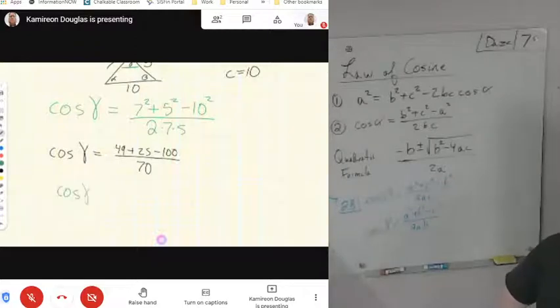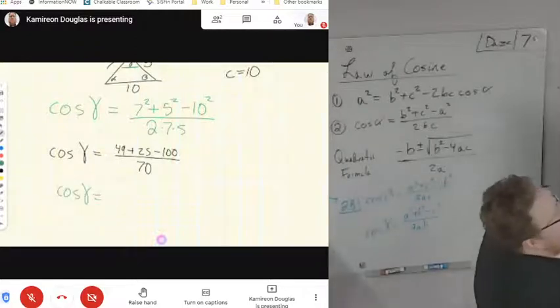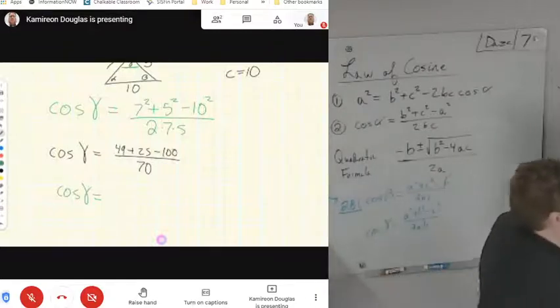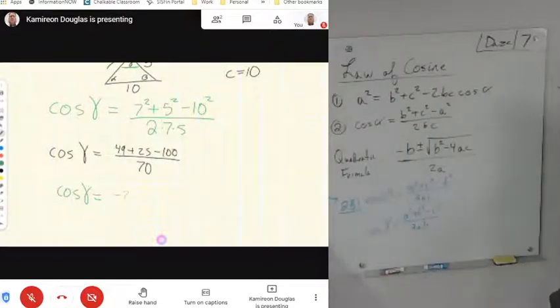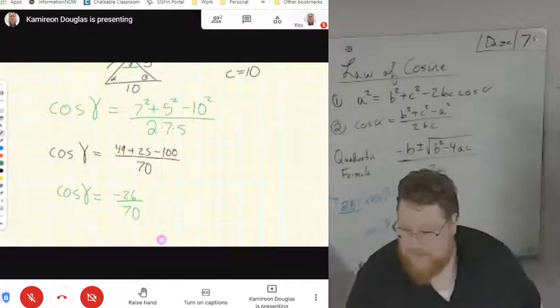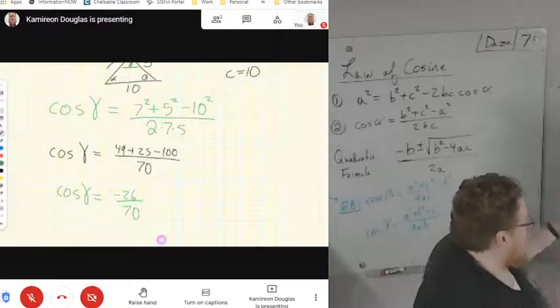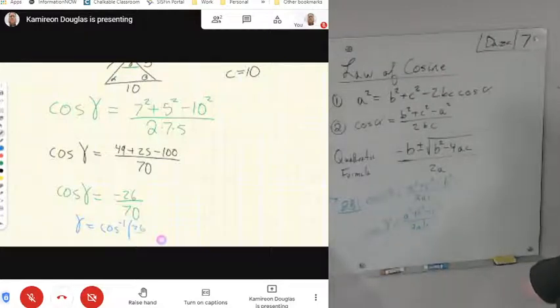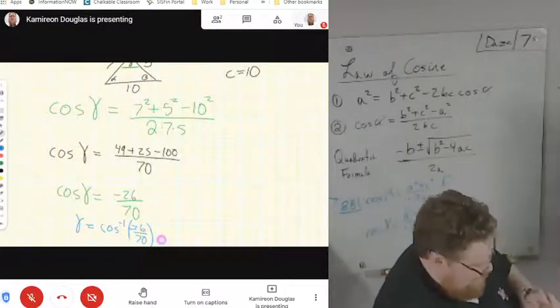Cosine of gamma is equal to 49 plus 25 is 74, minus 100 would be negative 26 over 70. I'm not going to bother simplifying any farther because I'm going to immediately grab an inverse. I invert both sides to get gamma by itself. Gamma is equal to cosine inverse of this fraction, negative 26 over 70.